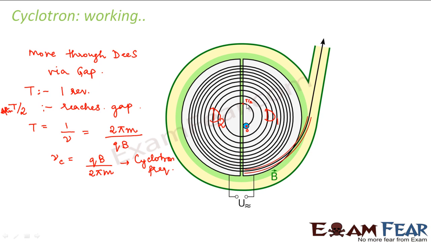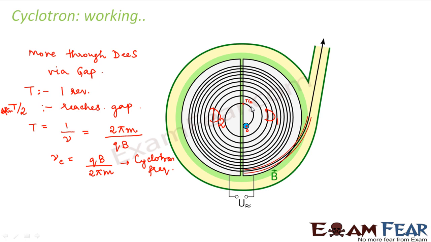When the particle reaches the edge of D1, the polarity is reversed such that D2 is at a lower potential. The charged particle always has a tendency to move from higher potential to lower potential, so it will quickly jump to D2.